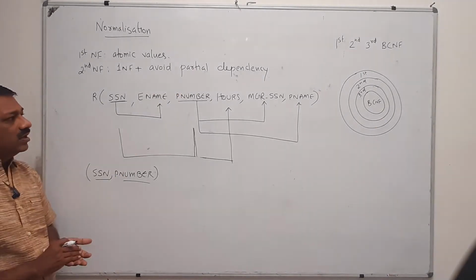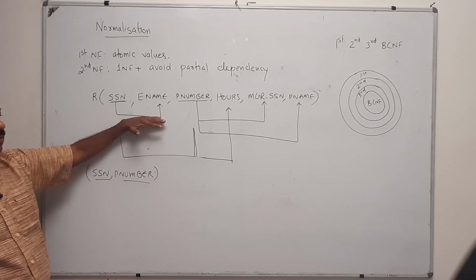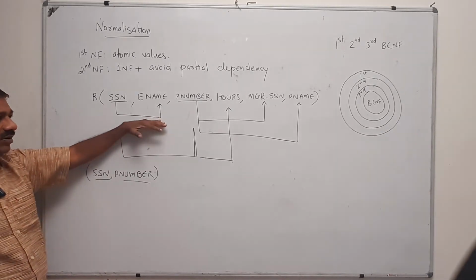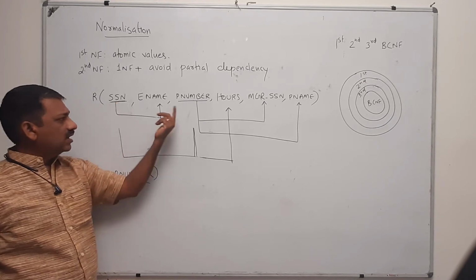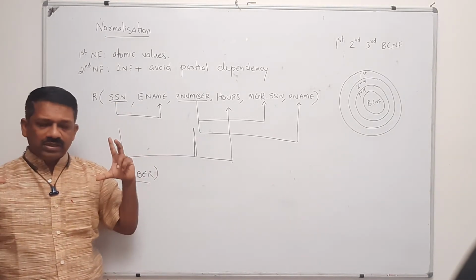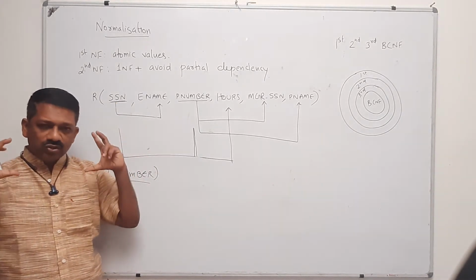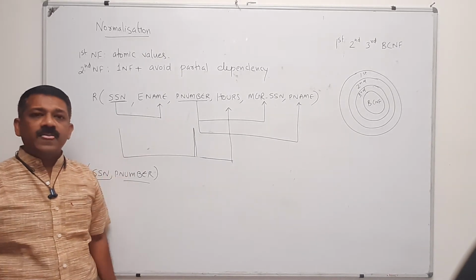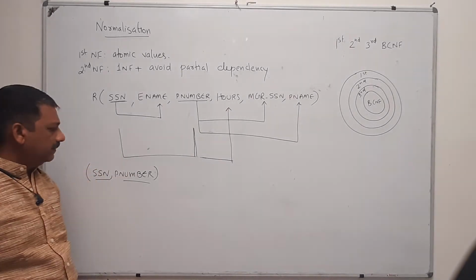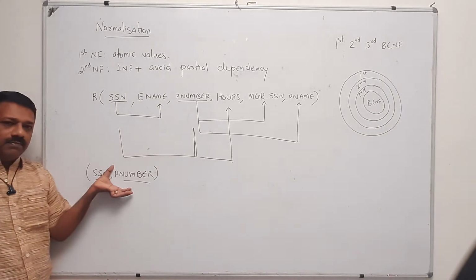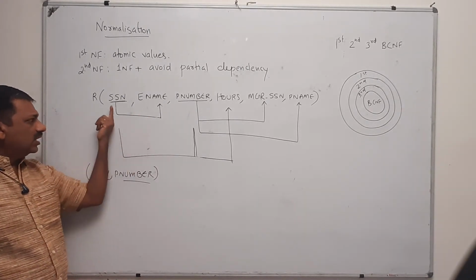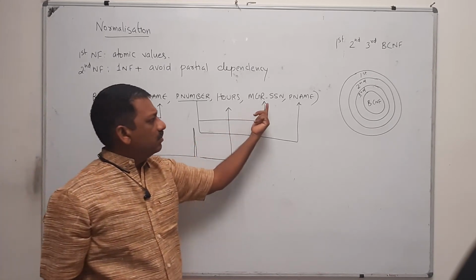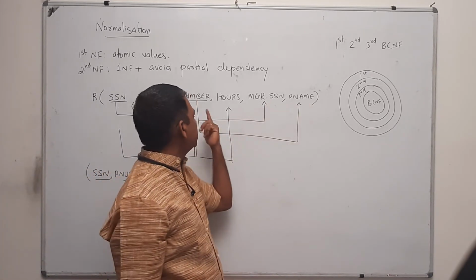Okay. So if you have a table like this, then definitely you should have SSN and P number, those two attributes together forming the primary key. Now E name depends on SSN, manager assistant and P name depend on P number.